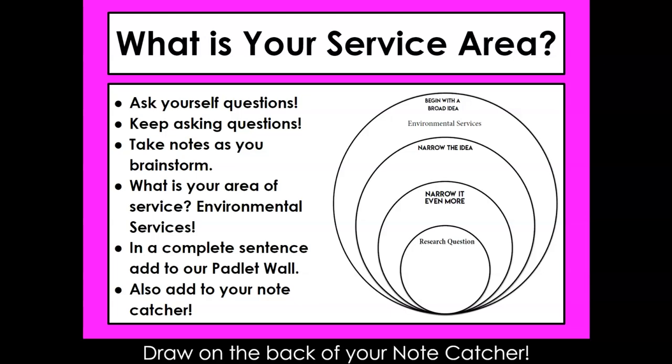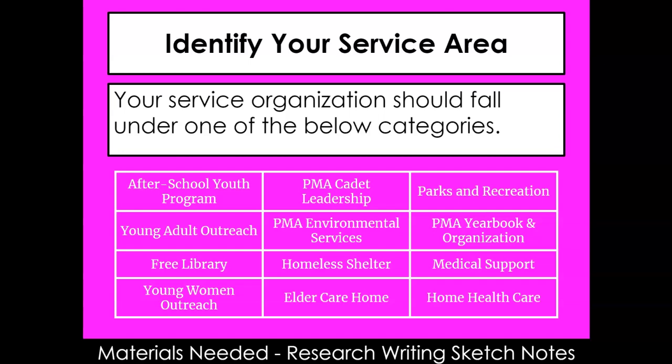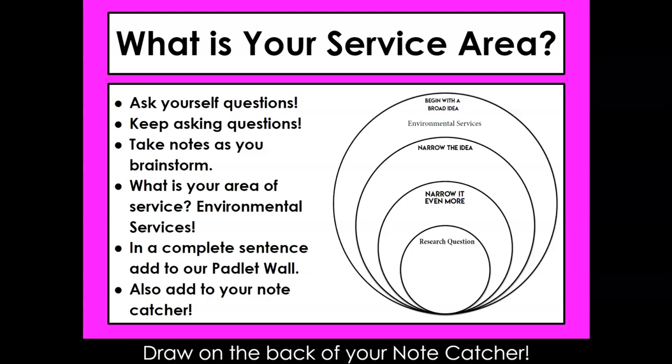Okay, we're going to go into developing our research question and narrowing those things down. But first, you want that broad category of where your service area was, because this is actually your topic, the topic of your research paper. So the topic of my research paper is going to be my service area, and this is the example that I'm going to use throughout the lessons, okay?